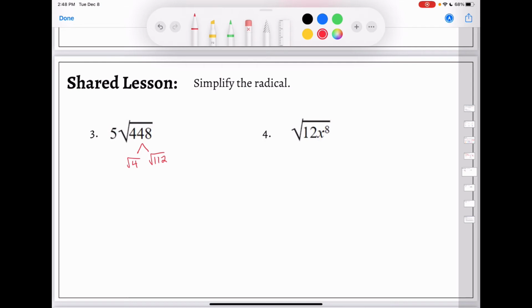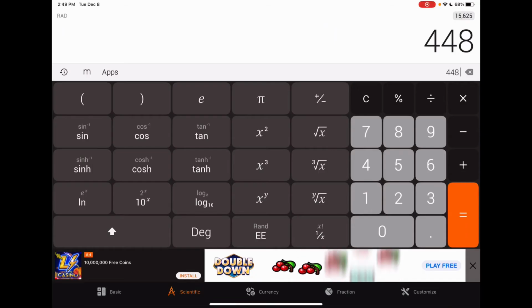So the question is, how can you use your calculator to help you break down these radicals, right? So what I would recommend that you do is use your calculator, but instead of typing in any number that you want, type in only perfect squares. So let me get to my calculator. All right, so I have 448.